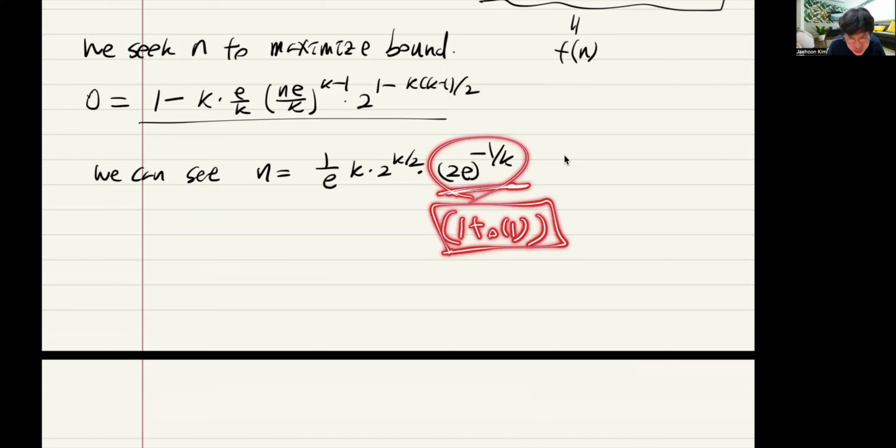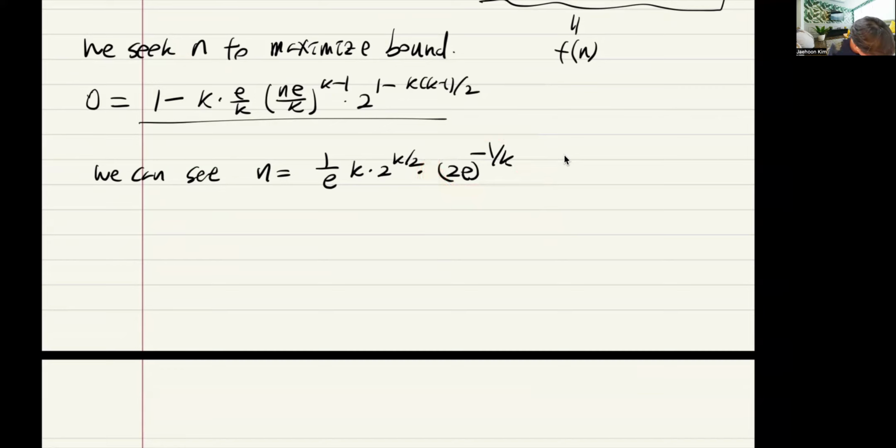And we don't gain too much from exactly optimizing this number. So just let n be this number by taking this as if it is 1.